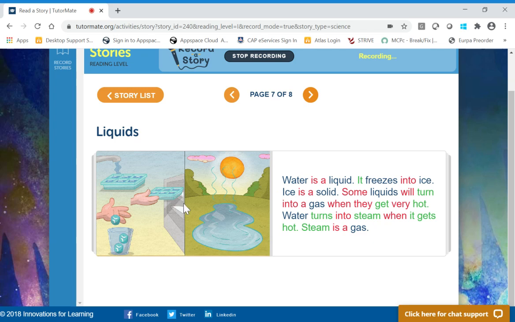Do you know when water freezes and becomes a solid? Do you know what temperature that is? In Fahrenheit, the temperature that we use here in the United States, freezing of water is 32 degrees. And in another form of measurement called Celsius, which most of the rest of the world uses, water freezes at 0 degrees, which kind of makes more sense, doesn't it?